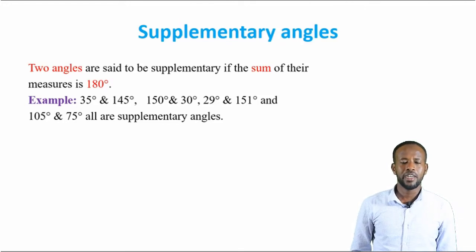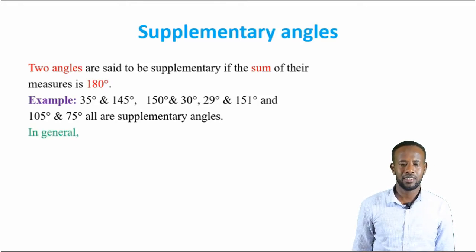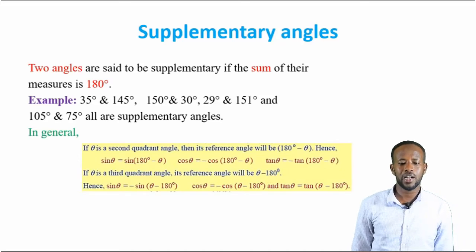Okay, now let us see the following. In general, if an angle is in the second quadrant, or if an angle is in the third quadrant, we have the following. If theta is a second quadrant angle, then its reference angle will be 180 degrees minus theta. This is clear. Hence, sine of theta will be what?